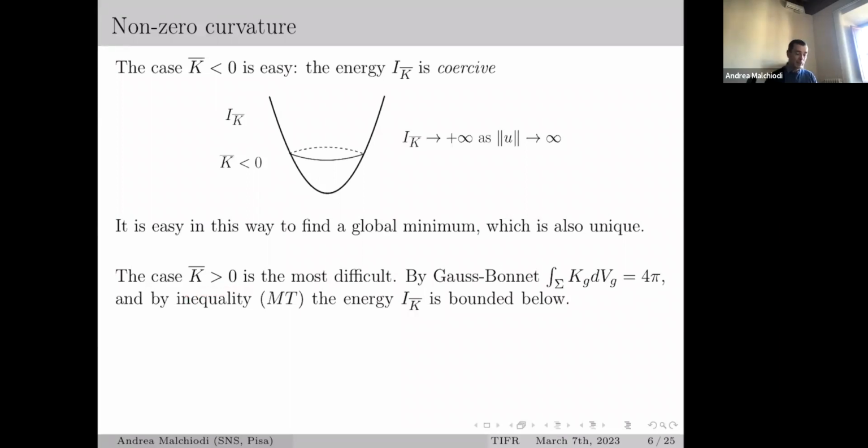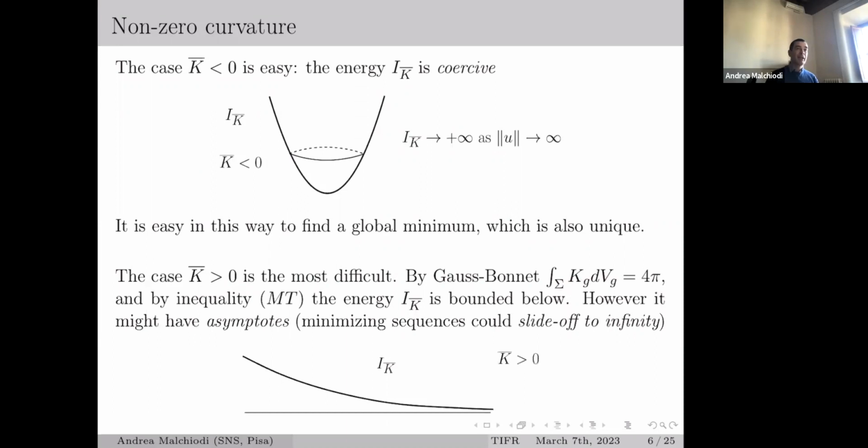So we are now, by Gauss-Bonnet, in the spherical topology. By the Moser-Trudinger inequality, the energy is bounded below, but that doesn't mean that you can find minima, because you might imagine just a function, already in R, which is bounded below, but which has no global minimum.